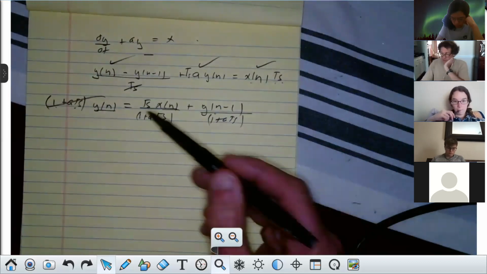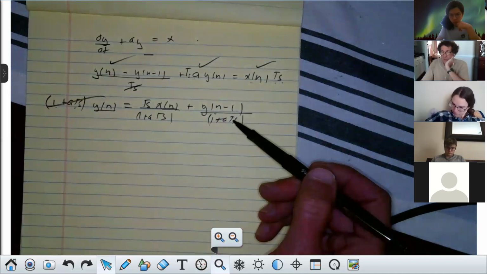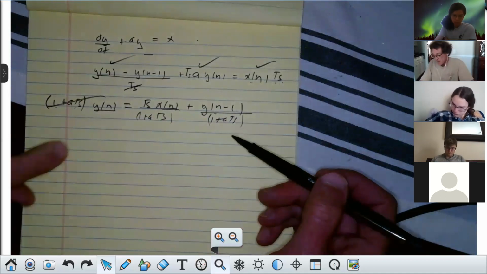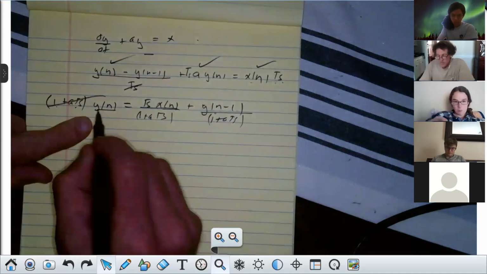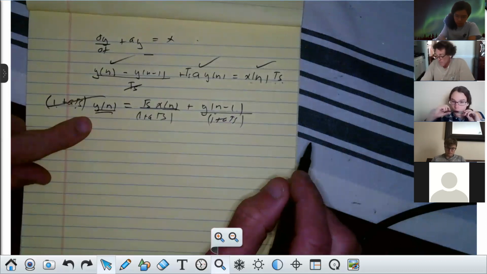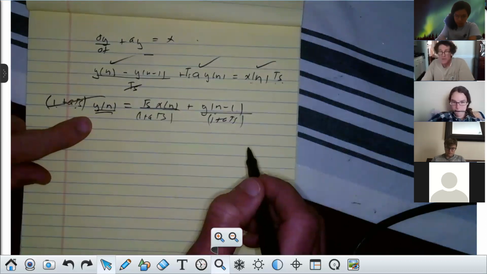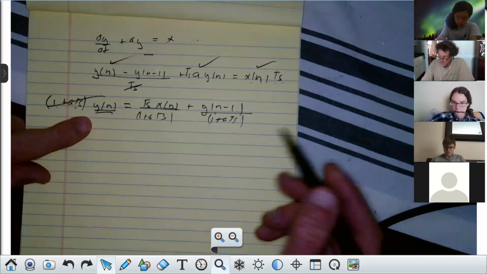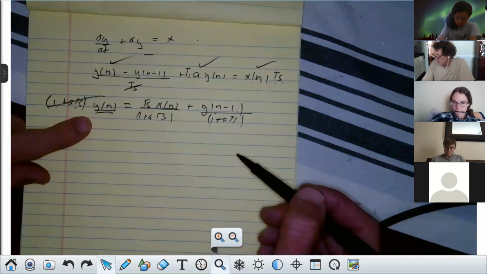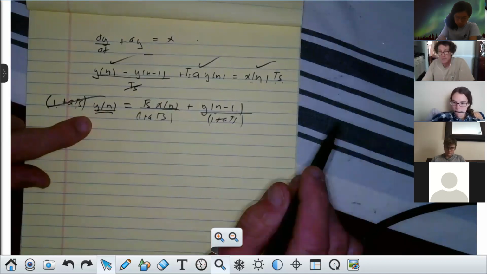Now, this is very easy to implement. In general, with difference equations, what they're really doing is forecasting the current value of y of n based on the past history of x and y, or the current value. That's a difference equation in a nutshell.